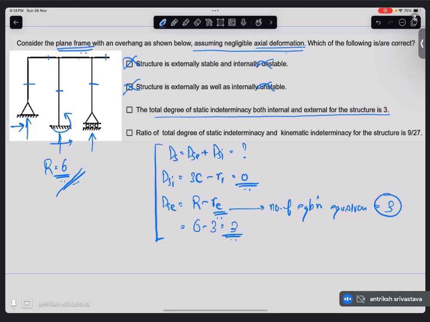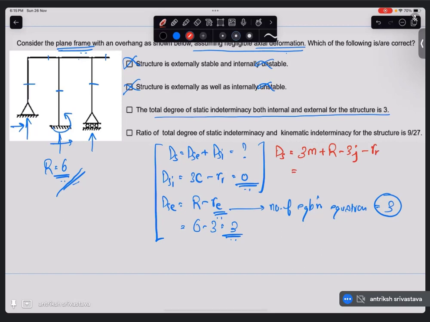Either you can use this, or you can use the formula for the total degree of indeterminacy, that is 3m plus r minus 3j minus rr. If you look at it, how many members are there? 1, 2, 3, 4, 5, 6. So we have 6 members. 3 into 6 plus unknown reactions 6 minus 3 into how many joints we have? 1, 2, 3, 4, 5, 6, 7 joints.